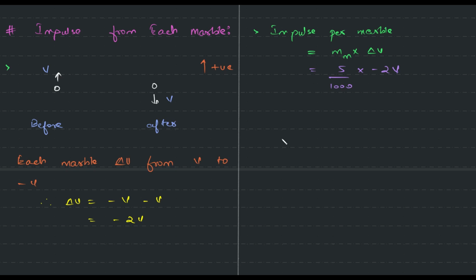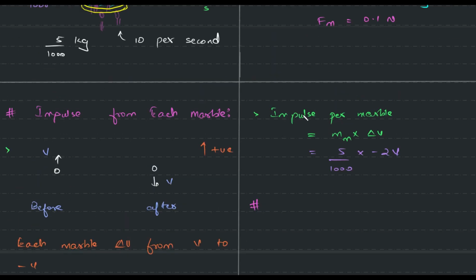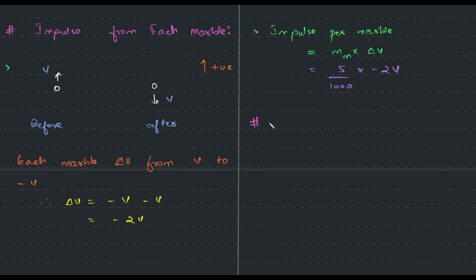So where are we going with this? The total force because of 10 marbles is how much? It has to be this. So from that we'll be able to figure out the V value. That's it. So total force from 10 marbles per second can be equated to impulse per second.